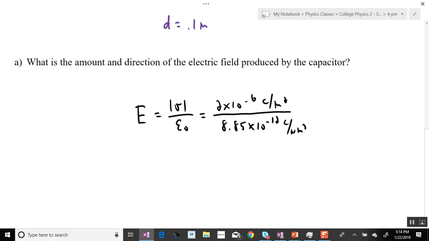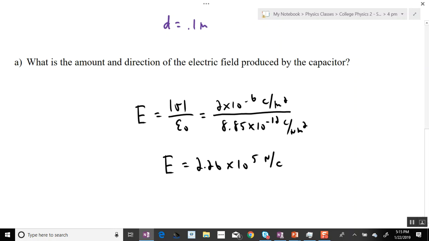Anyhow, this equation and the epsilon 0 are on your equation sheet, all the constants are at the bottom of the equation sheet. So you just plug this into your calculator and you get some number, and it's a big number. It's 2.26 times 10 to the 5th newtons per coulomb.